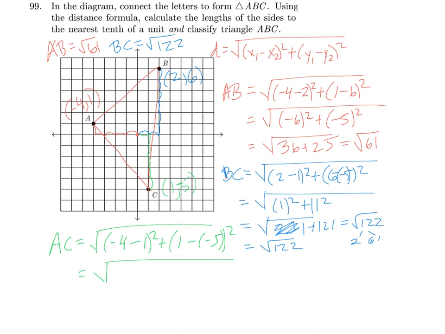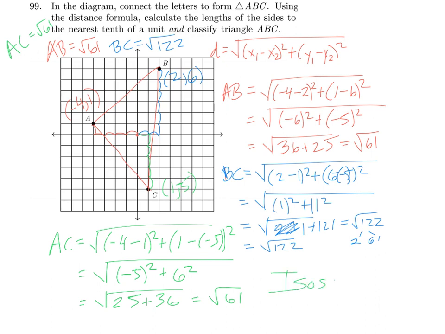All right, so I have -5 squared plus 6 squared. So I have 25 plus 36, which is the square root of 61. So AC is the square root of 61. So that means this is an isosceles triangle. Done.